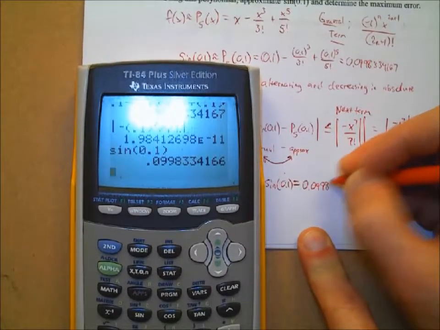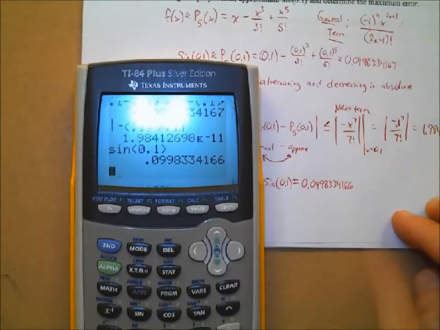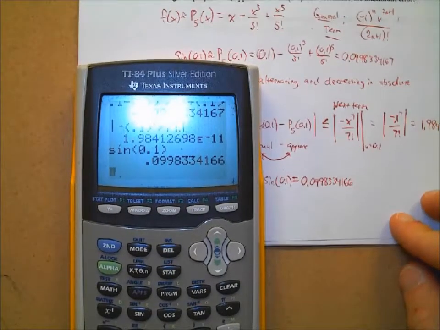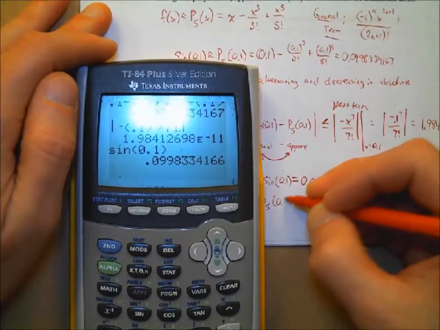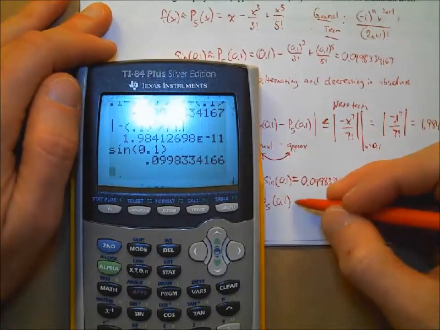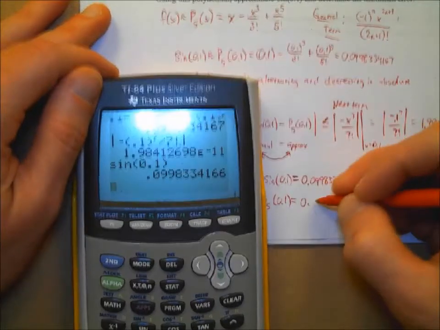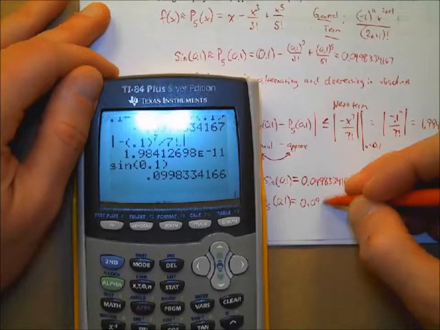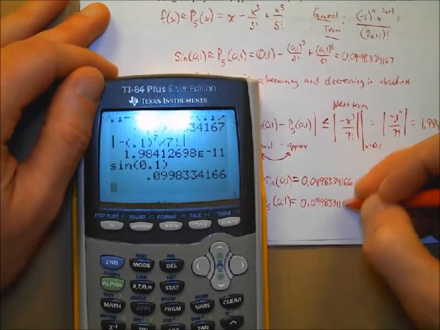I shouldn't say exactly because the decimal keeps going. Remember p sub 5, our Maclaurin polynomial, at 0.1. We got for that to be 0.0998334167.